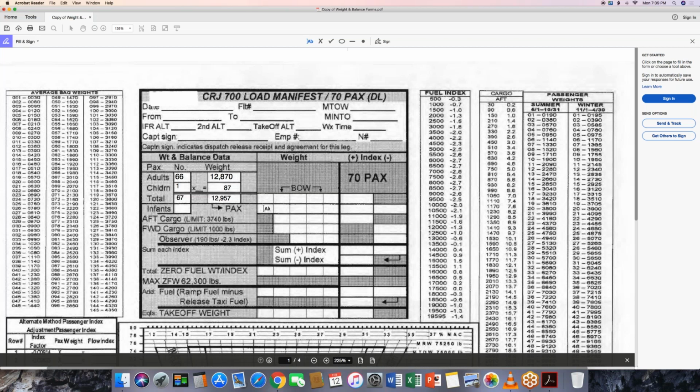Alrighty. So we put that number here, right? Yes. Let's see if we can get this all lined up again. Okay, what was our bow weight? 45,018.